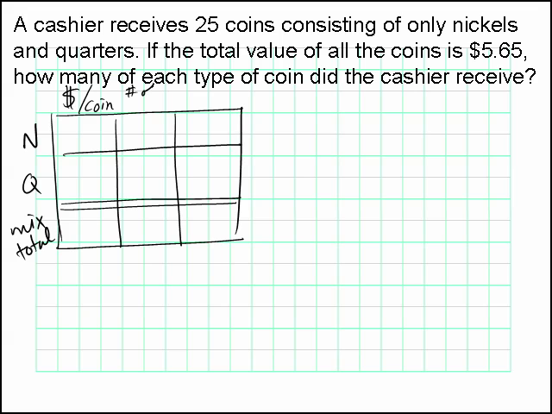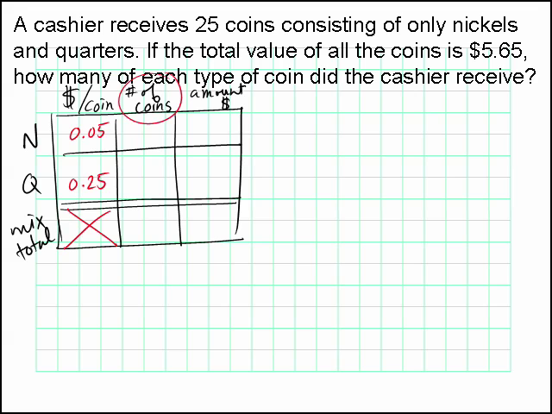Number of coins, and then this would be the amount in dollars. Nickels are 5 cents, so that is $0.05 per coin. Quarters are $0.25, and then this box is not needed here.